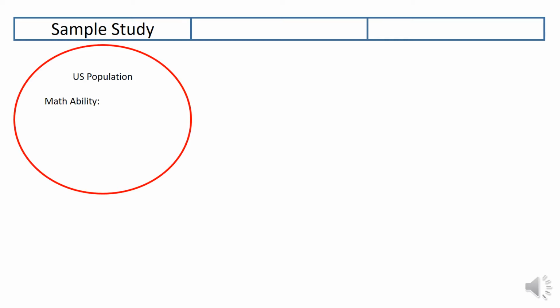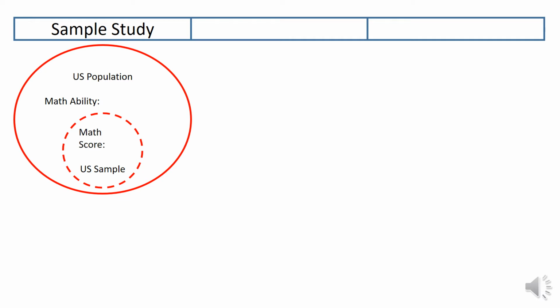So let's say that we're interested in figuring out what the math ability is of the entire U.S. population. Our way to try and empirically get an estimate of that would be to select a sample of that population, or a subset, and maybe we can measure math ability according to how well they would score on the math part of their SAT.